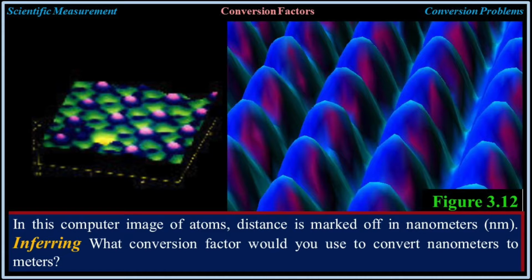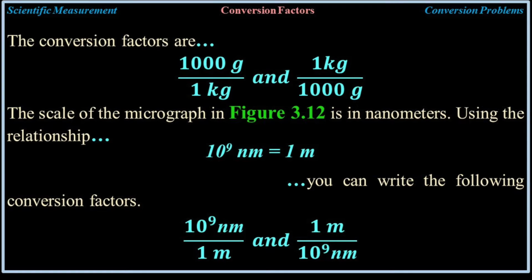Now it's the one on the left. The one on the right I took from the internet. These are images from what they call a tunneling microscope, and they are images of atoms, believe it or not. Unbelievable. The conversion factors are 1,000 grams over 1 kilogram and 1 kilogram over 1,000 grams.